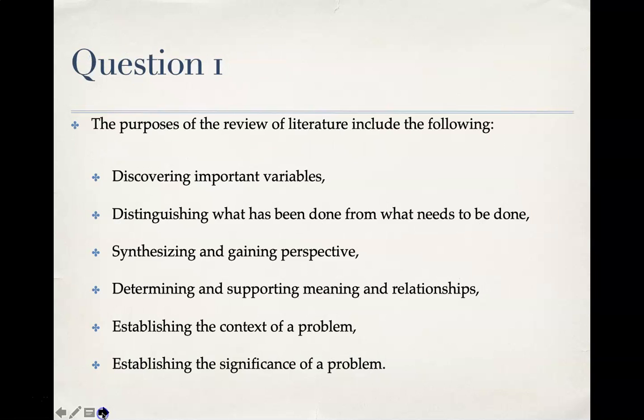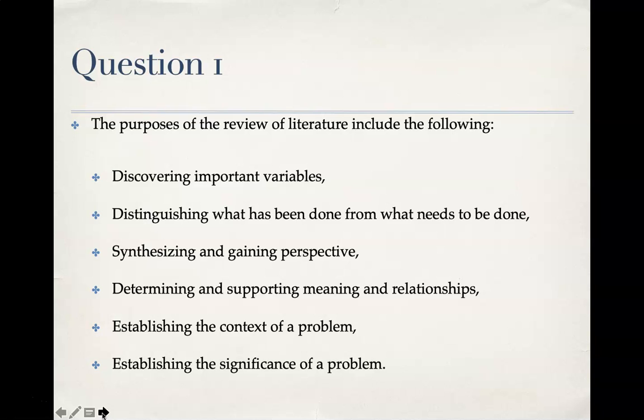So let's look at the first one. The purposes of a review of literature are the following, and some of them are pretty self-explanatory. If you're researching a problem and you can find other literature that supports your research statement, then that validates the fact that what you're doing is valuable and will add to the body of literature in your discipline.